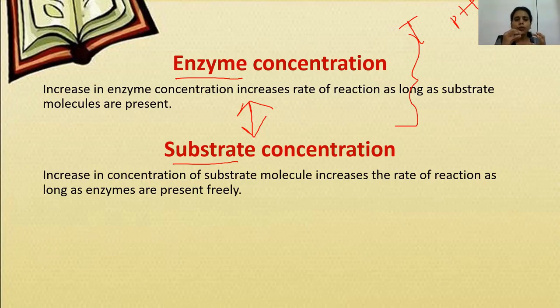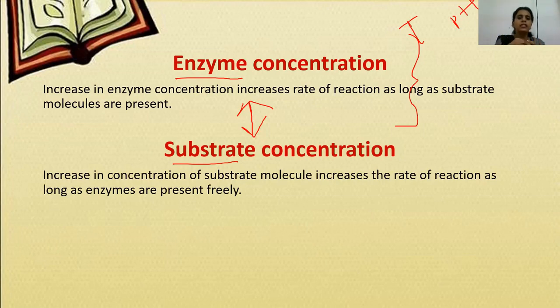So if we increase enzyme concentration and substrate concentration together, the rate of reaction will increase. And if you increase only one, maybe enzyme or substrate concentration, the other one becomes the limiting factor, and the rate of reaction will increase only up to a point.